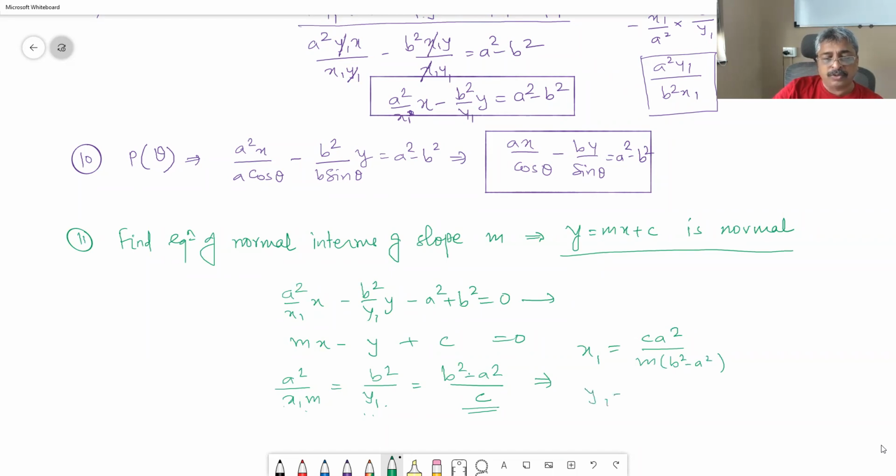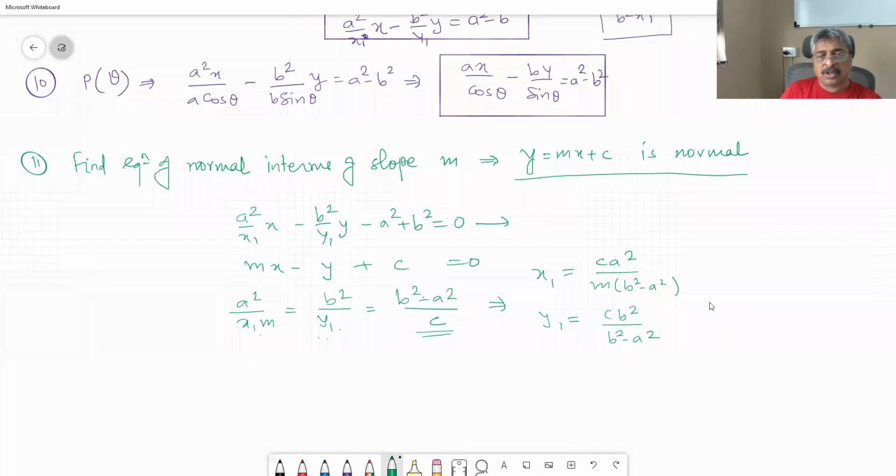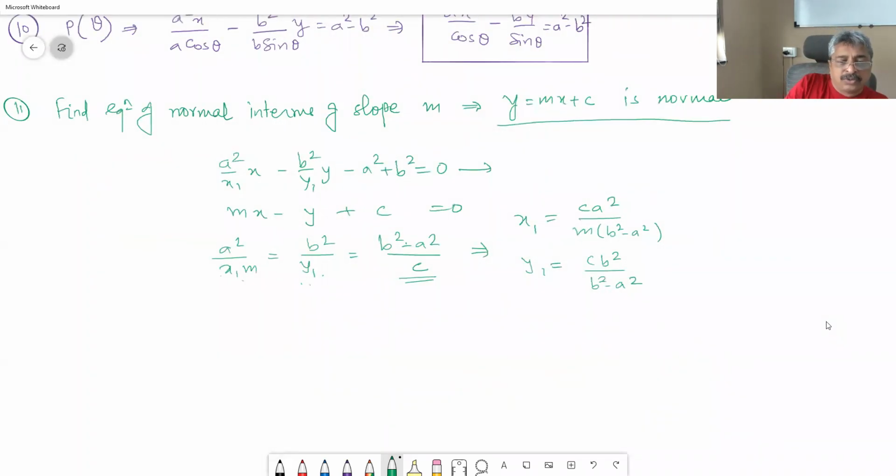And y1 is equal to c b square upon b square minus a square. These are the points, the foot of normals, because x1, y1 is on the curve. And these are the points on the given ellipse. Therefore, they should satisfy the equation of ellipse.